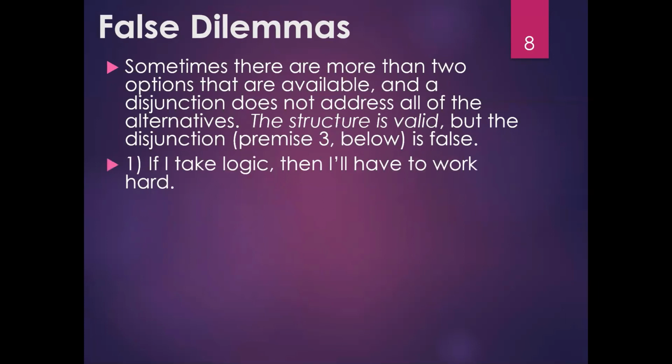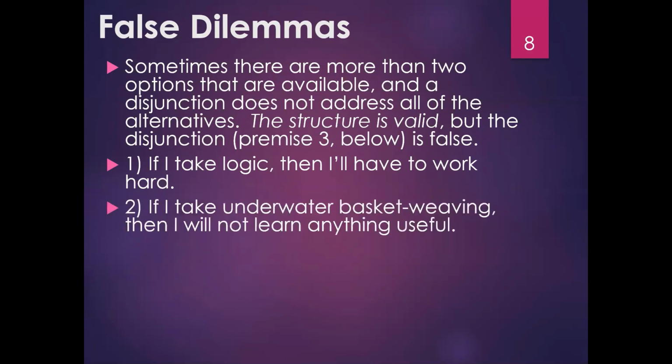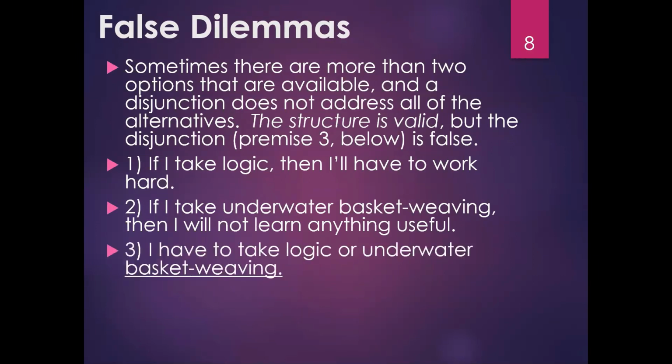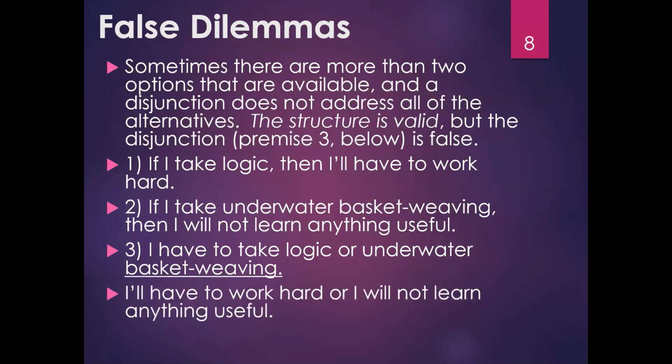So we have the form of a constructive dilemma. If I take logic, then I'll have to work hard. And if I take underwater basket weaving, then I will not learn anything useful. And I have to take logic or underwater basket weaving. And so we could conclude from that, I'll have to work hard, or I will not learn anything useful.